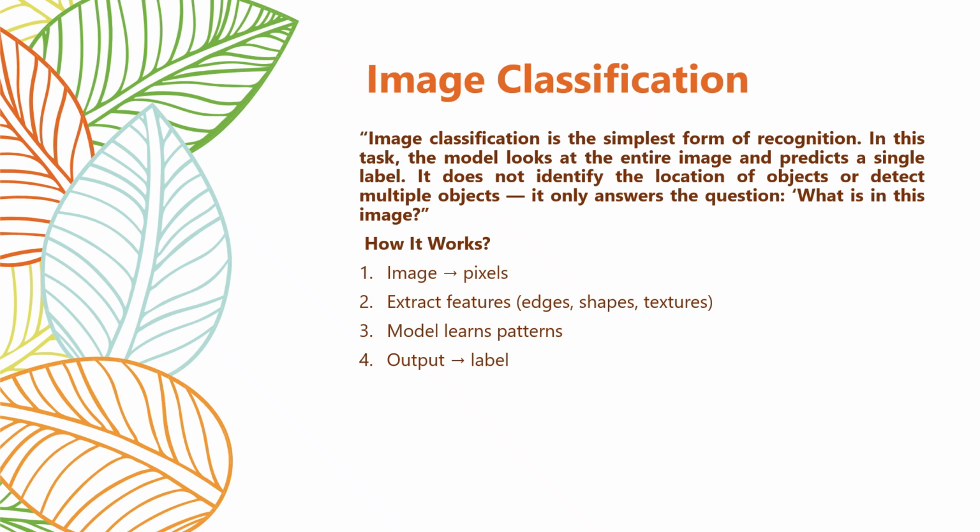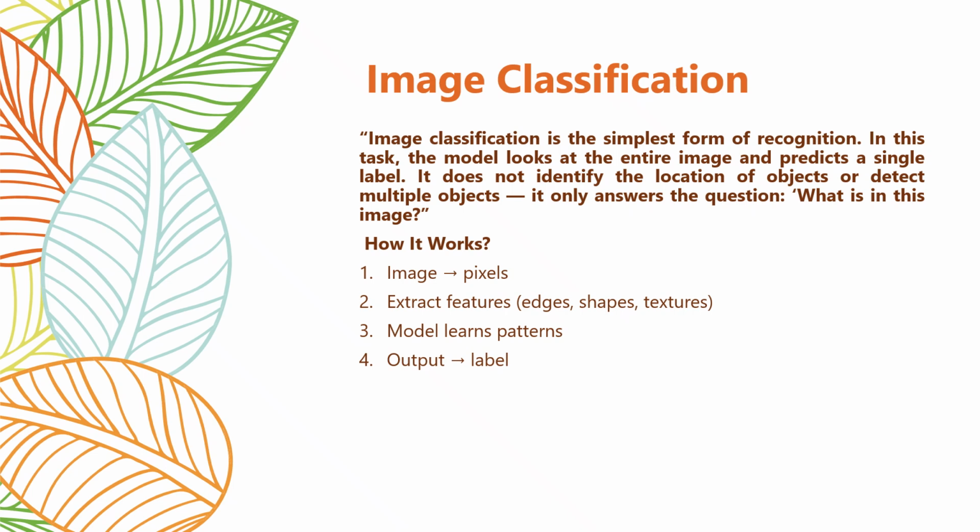Now, let's discuss the simplest recognition task, which is image classification. Image classification answers only one question, and that is what is present in this image. The model looks at the entire image and predicts only one class label.